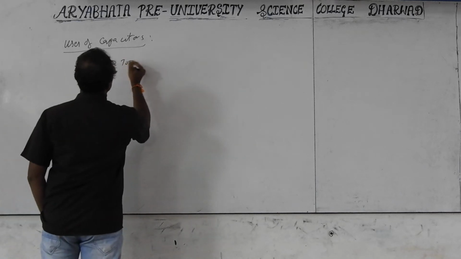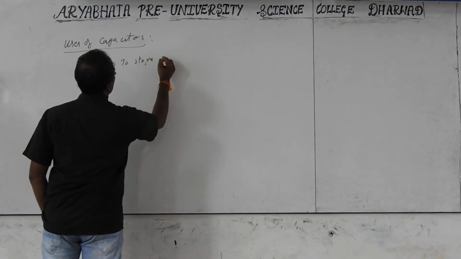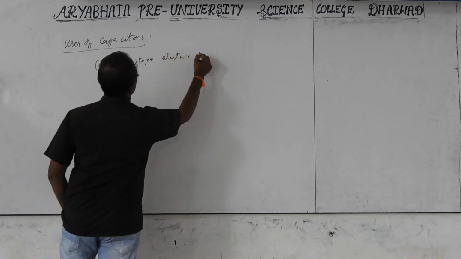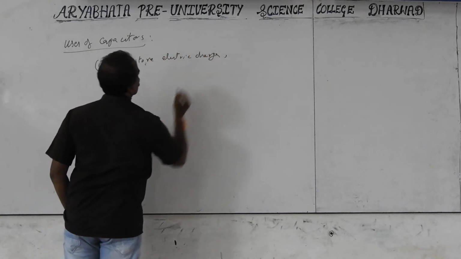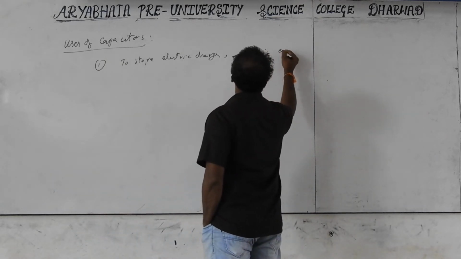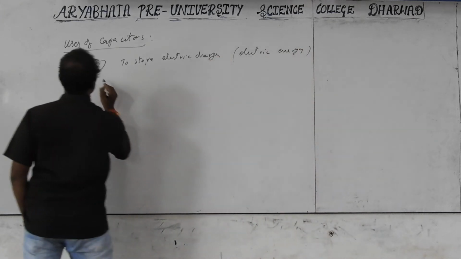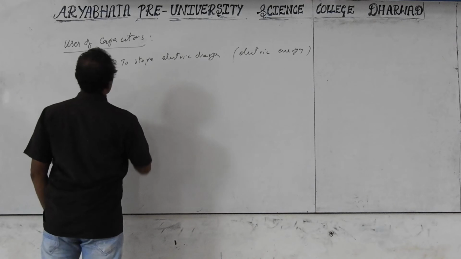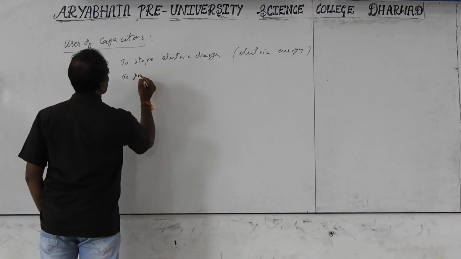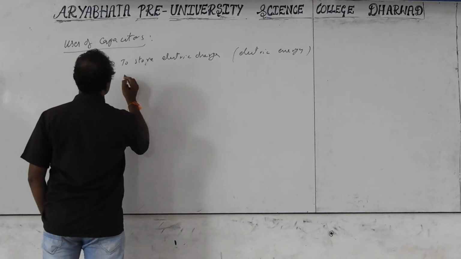Capacitors are used to store electric charge and electric energy, and to produce uniform electric fields.